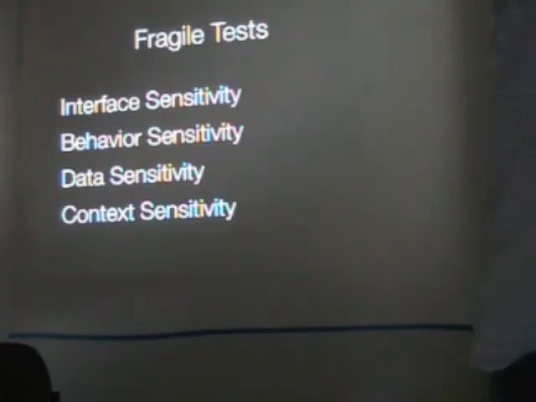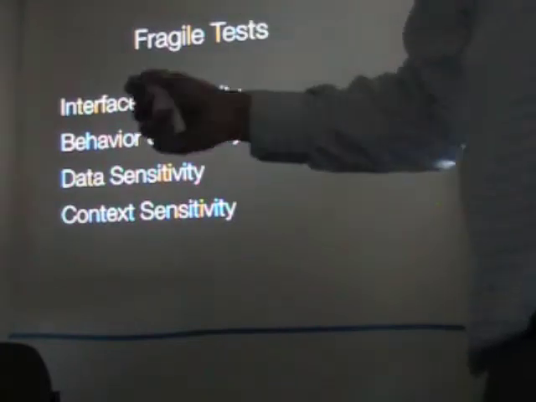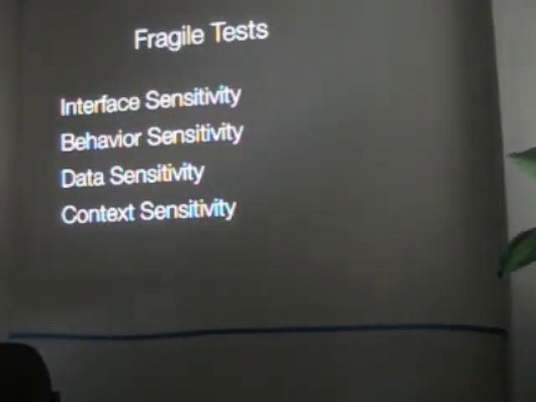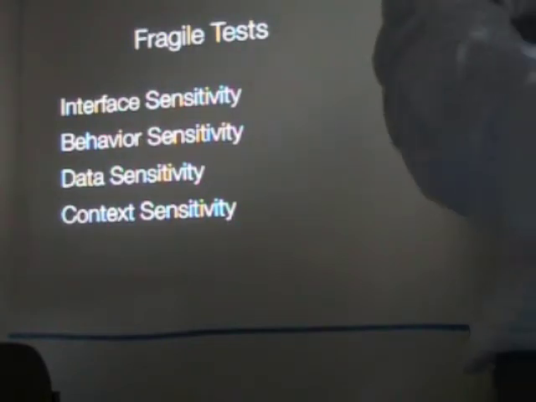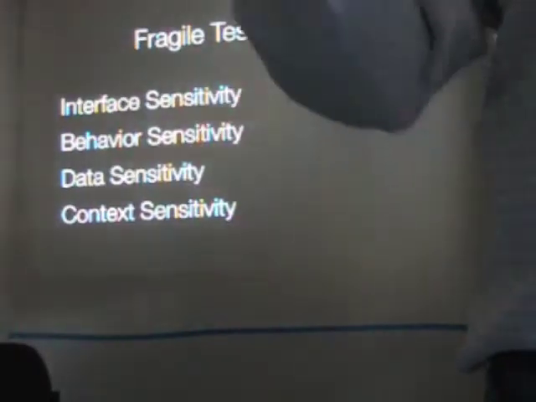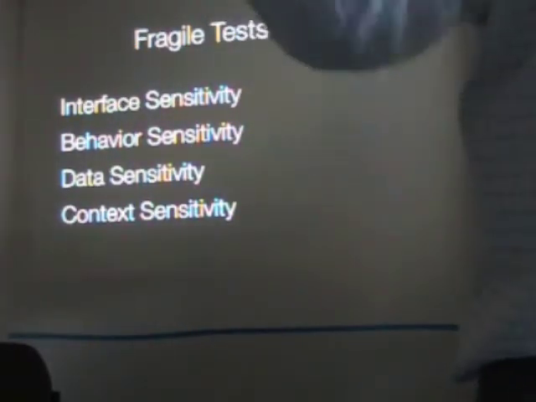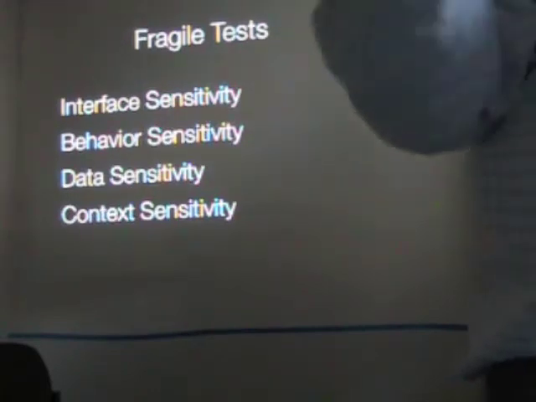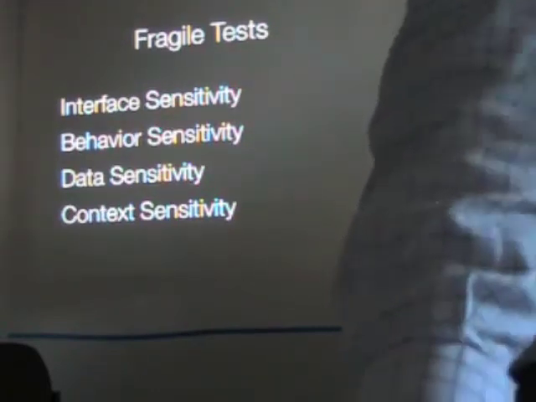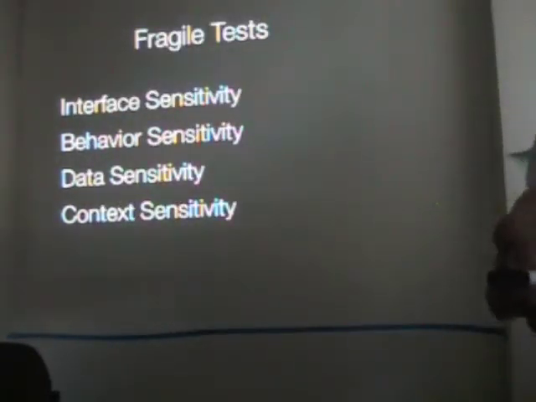But if you share a large graph of objects and reuse it across all the tests, even if you change just one of those things, a lot of tests are going to be brittle. They're going to break because there is dependency. And it becomes really difficult to pinpoint which tests are impacted by which change. There is no clarity there. So you want to be careful how you share the context between the tests, okay?